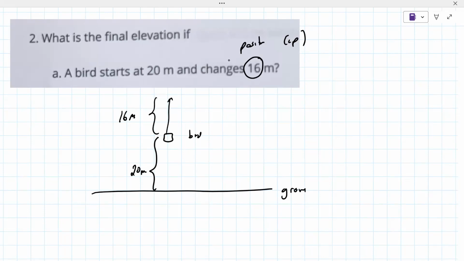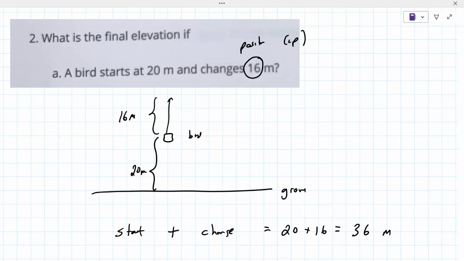So basically you take the start and you add to it the change. In this case, it started at 20 and you add the 16. So its final height would be 36 meters. And that's because it's going up, positive.